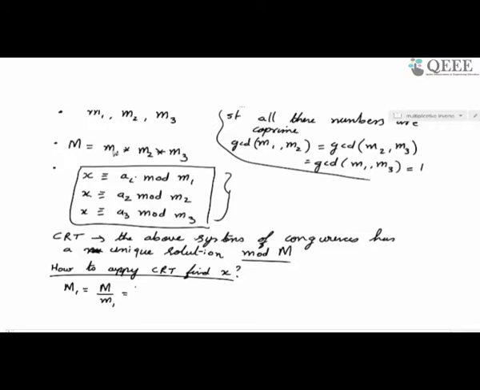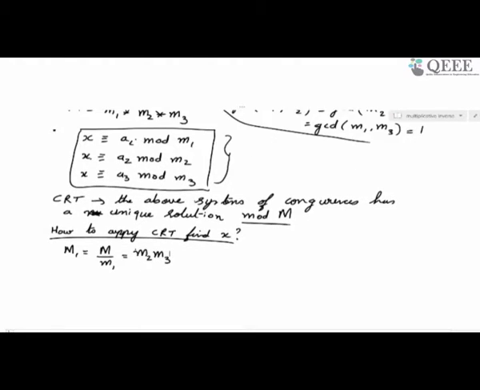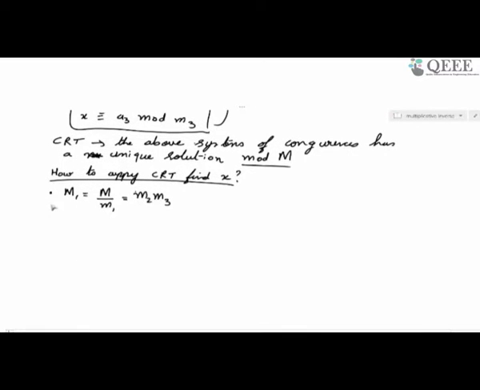So the small m1 gets cancelled, leaving only m2 into m3. Similarly, we define capital M2 as capital M divided by m2, which is m1 into m3, and we can also define capital M3 to be equal to capital M divided by m3, which is equal to m1 into m2.